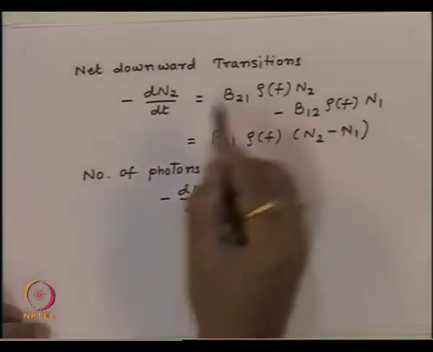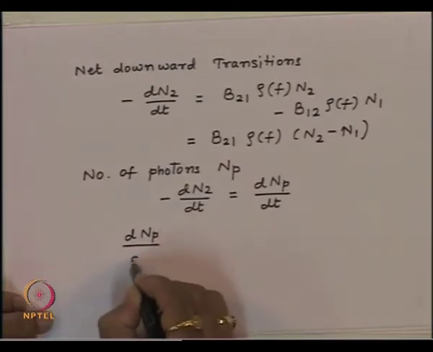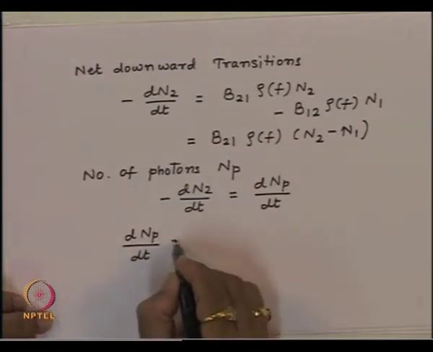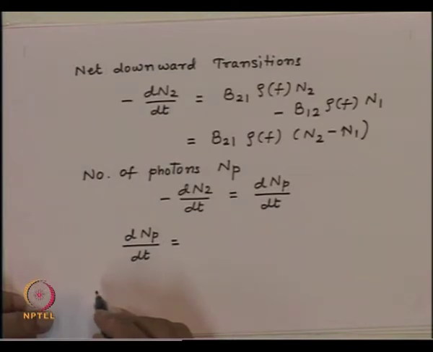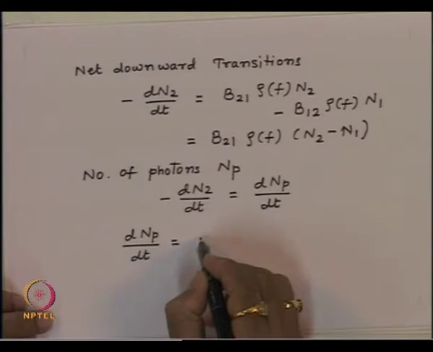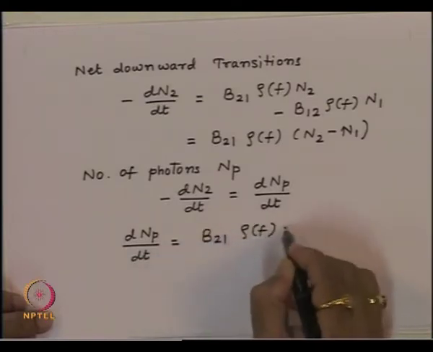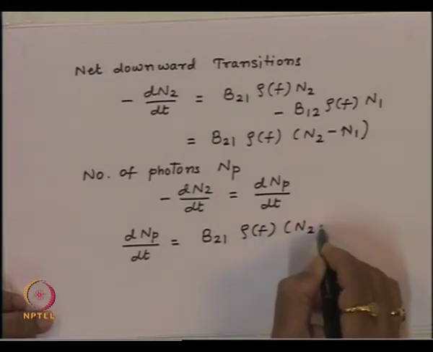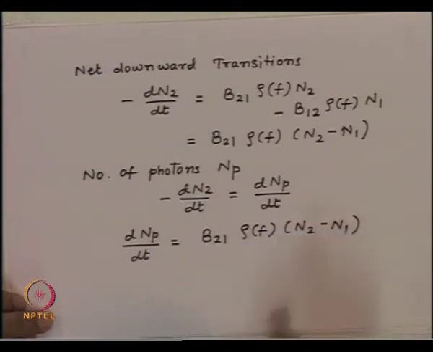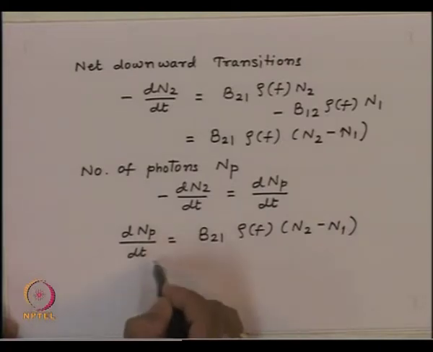So, from this equation we get d Np by dt equal to B21 rho of f into N2 minus N1. This is the rate of photons.